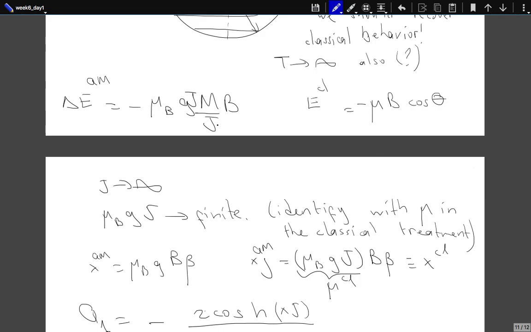You see, if I want to recover the classical limit, the allowed energy values should also correspond to the classical allowed energy values. I already know that m over j will be the cosine theta in the classical theory. B is already there. So this mu, the magnetic dipole moment in the classical theory, I should identify it with whatever remains, this one.